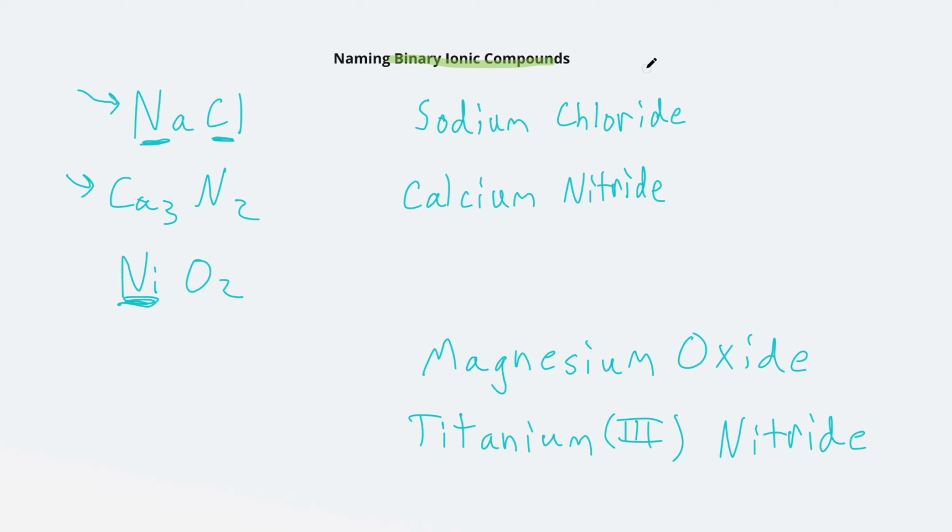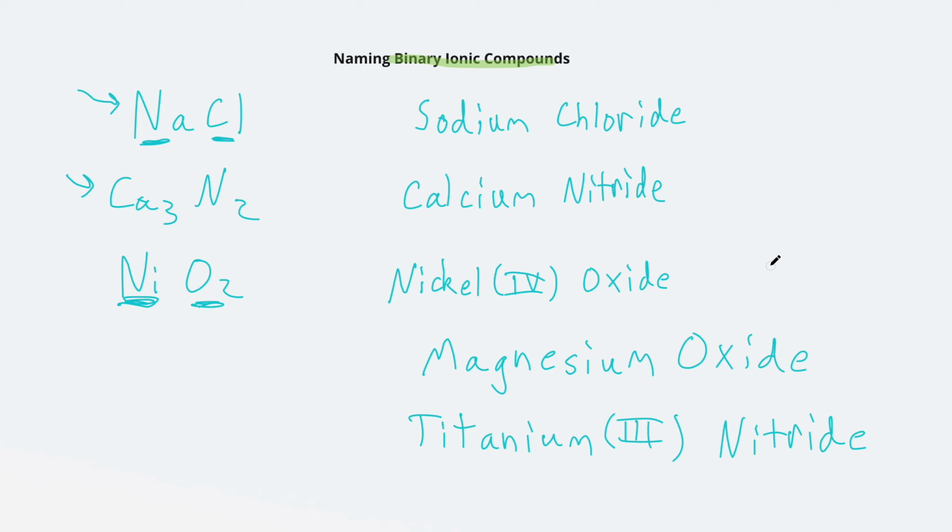So we look at the anion, which here is oxygen. Oxygen always has a -2 charge, which means if we have 2 -2 charges, the nickel would have to be a +4 to cancel those out. So we write nickel, and then in parentheses, the Roman numeral 4. And then you're back to normal naming, so nickel(IV) oxide.